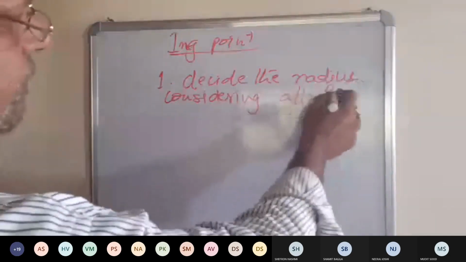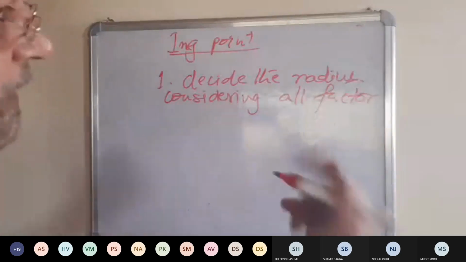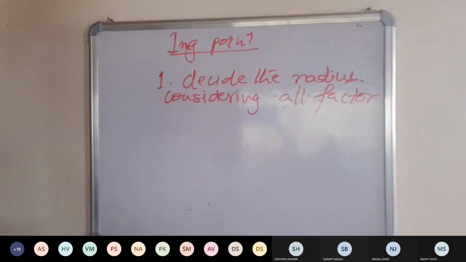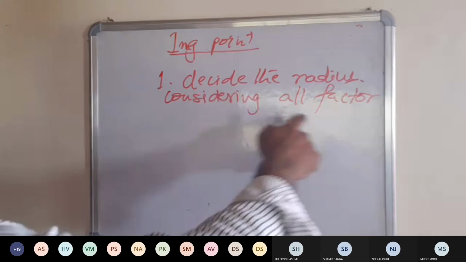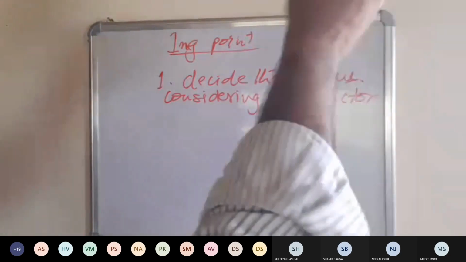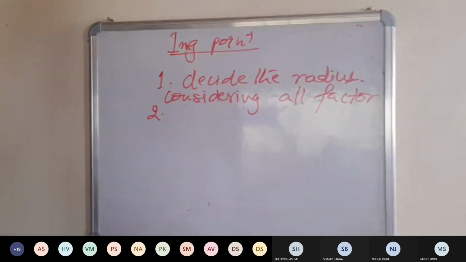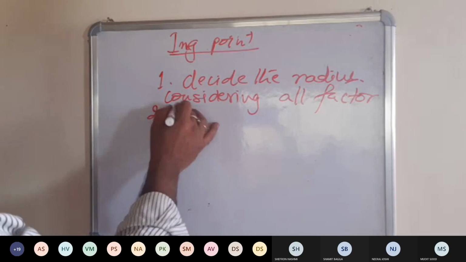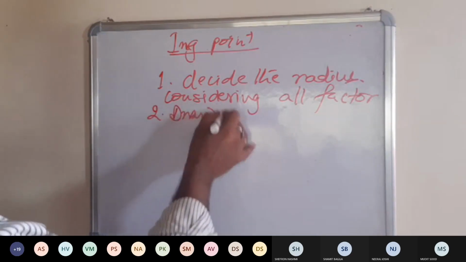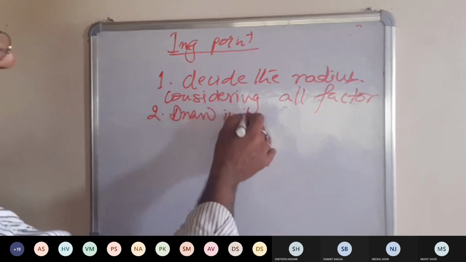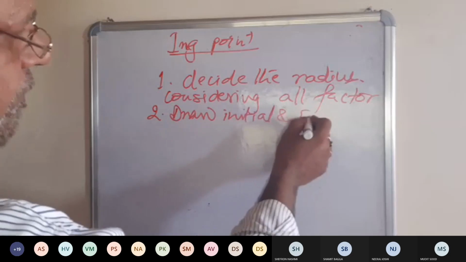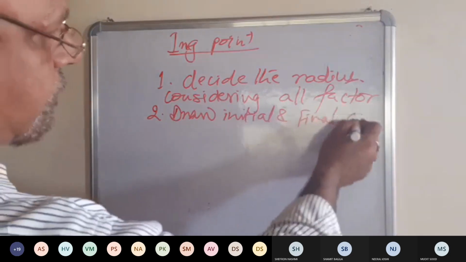All factors. आपके बुक में दिया हुआ है, आपको नोट्स में भी दिया हुआ है, कल लिखवाया भी था. Decide the radius considering all factors like so and so. Number 2, what we did? Draw initial and final course.